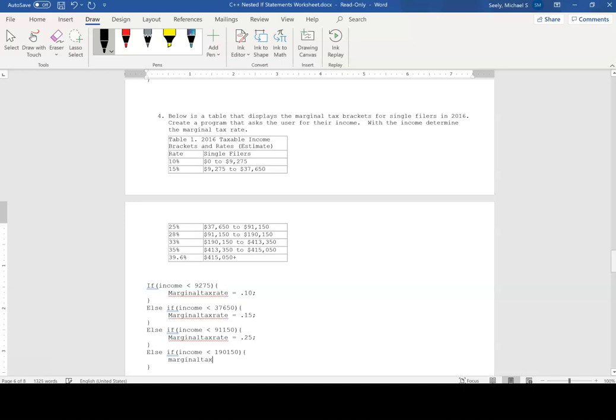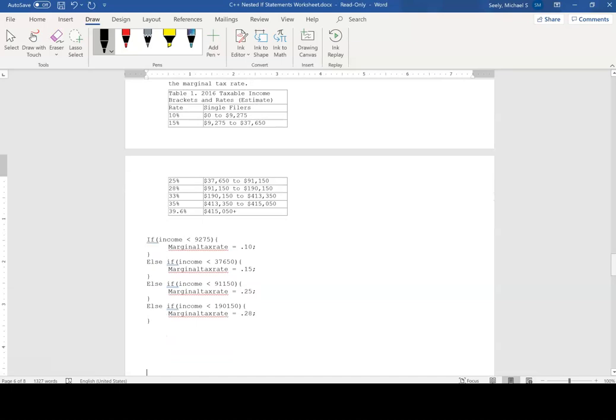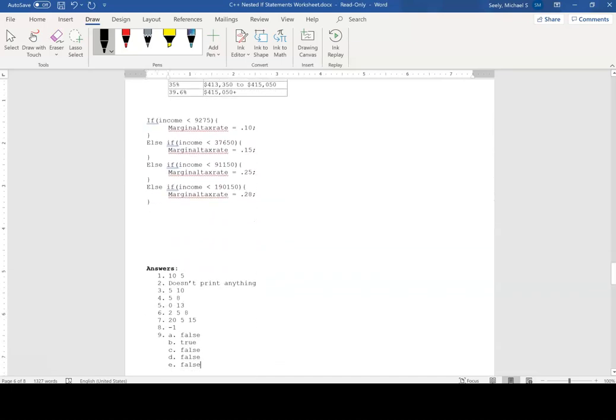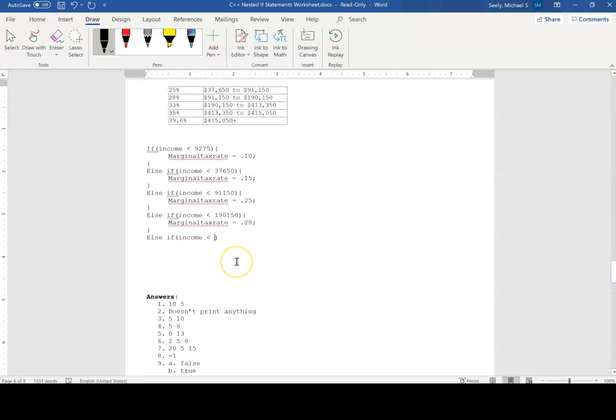marginal tax rate equals 8. Income is less than 413,350.